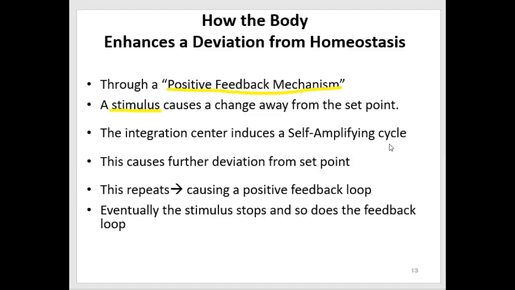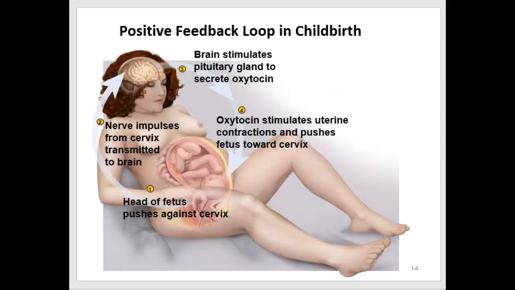So the stimulus causes deviation from homeostasis, which causes more deviation from homeostasis, and it keeps going. Eventually, there's not going to be a stimulus anymore, in all of these cases. So the feedback loop stops as well. So let me show you how it works with childbirth.